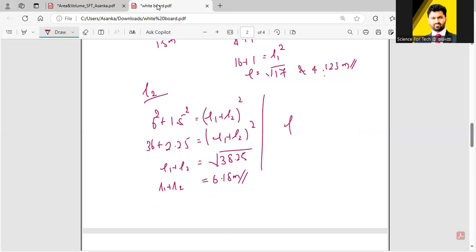Then L2 equals 6.18 meters minus 4.12. So I'm going to subtract.